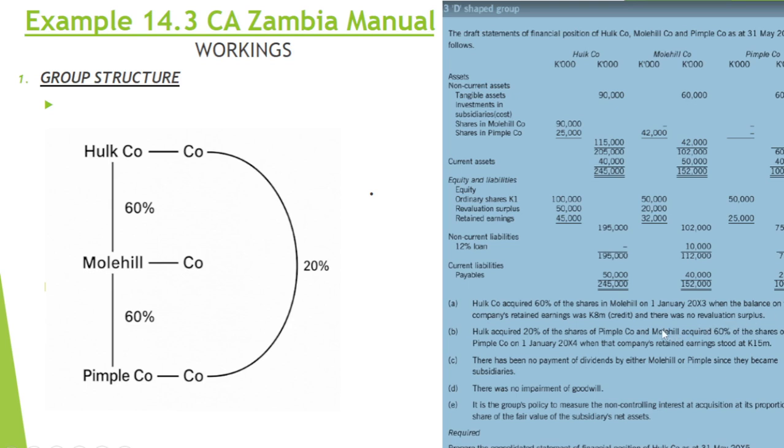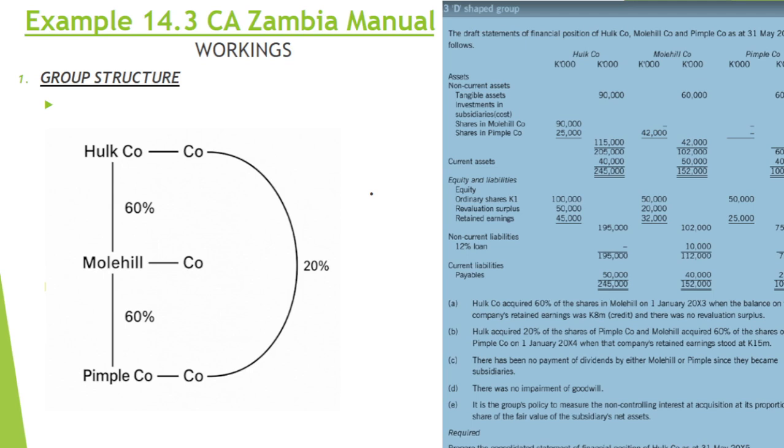Number two, Hook company acquired 20% of the shares of Pimpo company, and Mohill acquired 60% of the shares of Pimpo company on 1st January 2014 when that company's retained earnings stood at 15 million. Part 3 says there has been no payment of dividends by either Mohill or Pimpo company since they became subsidiaries. Part 4, there was no impairment of goodwill.